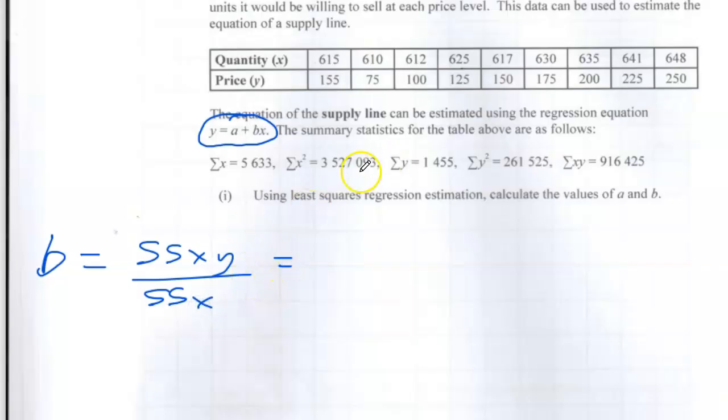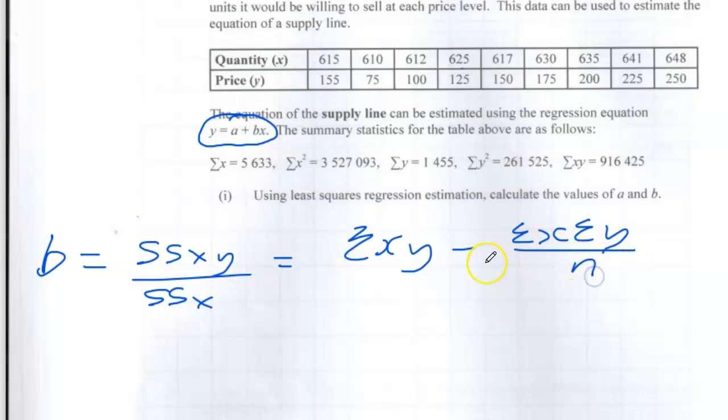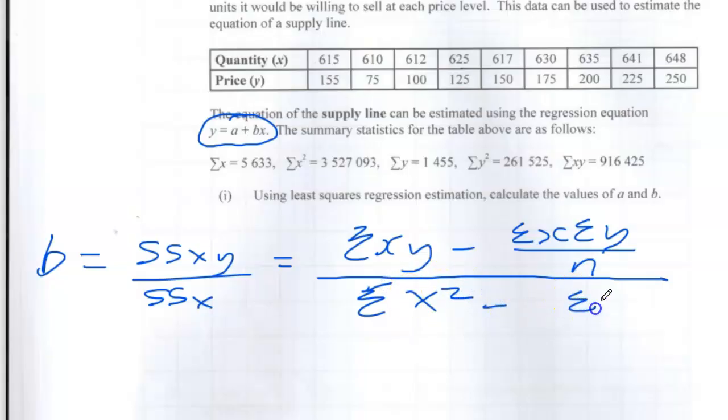Now SSXY is the sum of xy minus the sum of x times the sum of y over n, all over SSX, and SSX is the sum of x squared minus the sum of x all squared over n. Let's make the substitutions now.